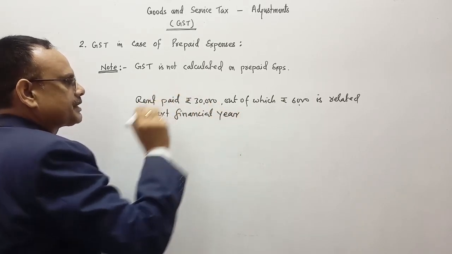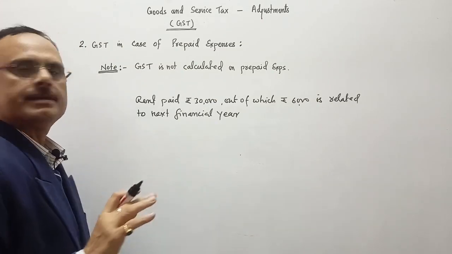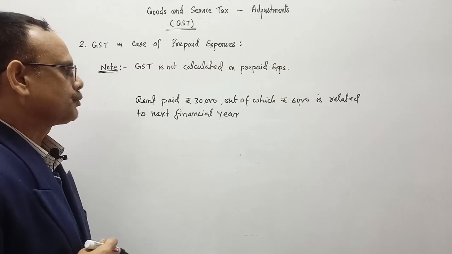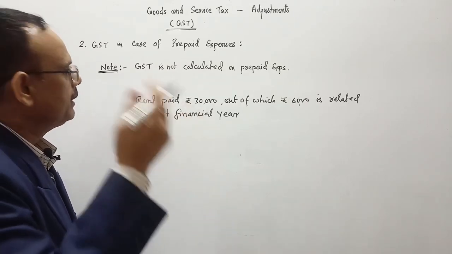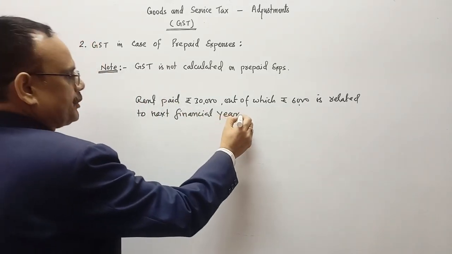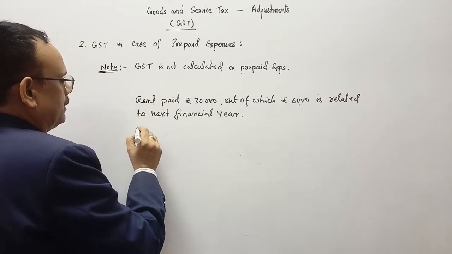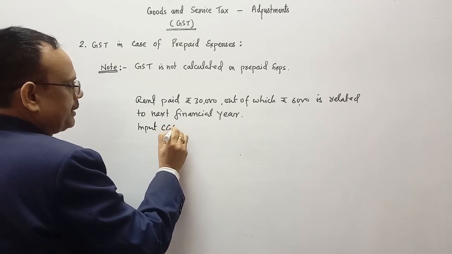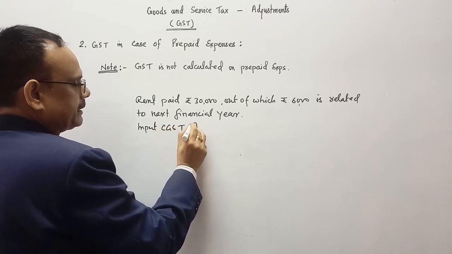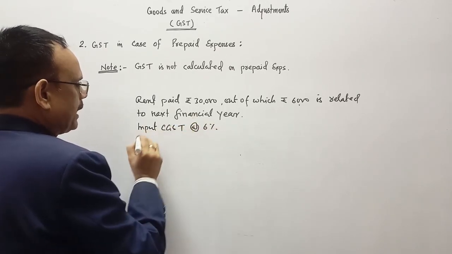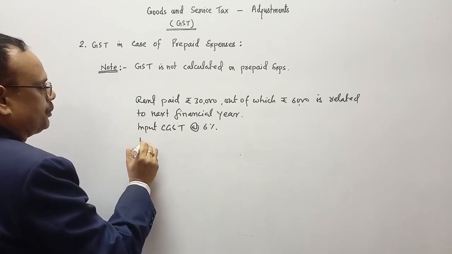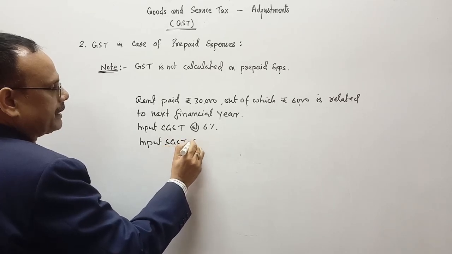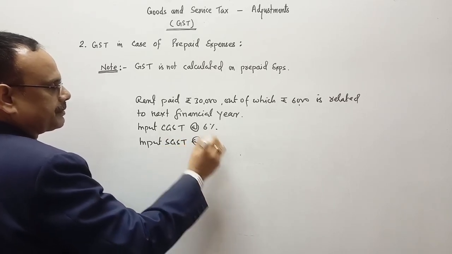Is it clear? Suppose the input CGST is at the rate of 6% and input SGST is at the rate of 6%.